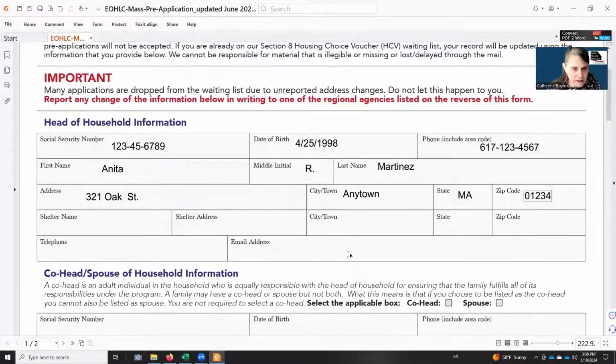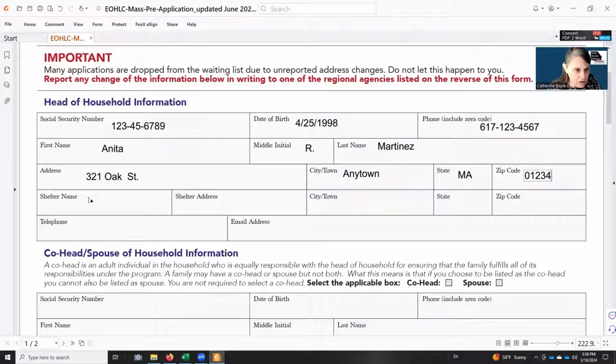Now, Anita is not living in a shelter, so we are going to make sure that we put NA on all of these blank spaces because it's very important to put NA when something does not apply to you on a housing application. Otherwise, it is possible that your application might be put in a box in the corner to verify later, and somehow they never get around to calling you to verify it. So we want to make sure that there are no questions.